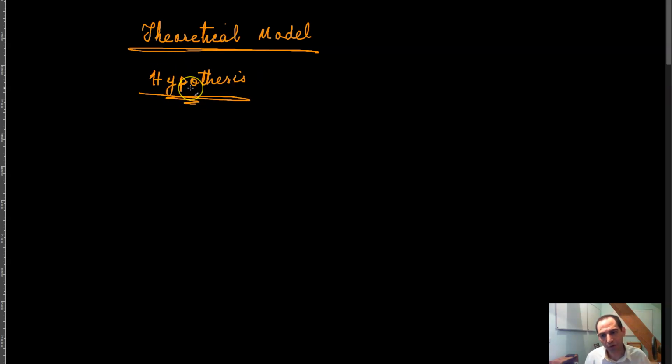So these are called hypotheses. These hypotheses are simple tentative explanations that you use in order to add to your theoretical model, so that your theoretical model seems to be complete, seems to be able to explain whatever it is that you're trying to explain, right?